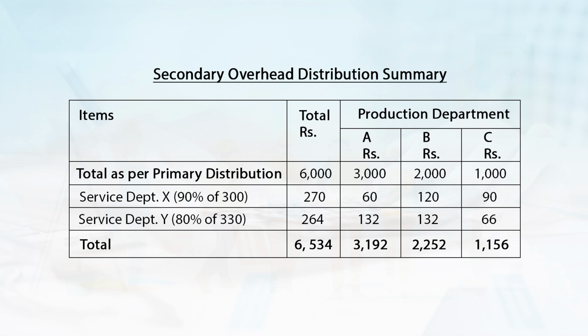So, the distribution for production department A is rupees 60, for B rupees 120, for C it is 90. For service department Y, it is 80% of 330, amount comes to rupees 264, and allocation for production department A is rupees 132, for B again it is 132, and for C it is rupees 66.